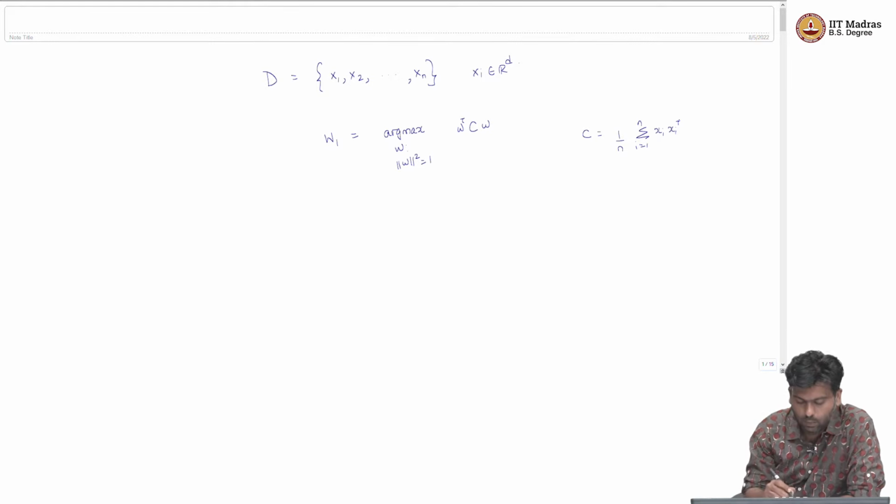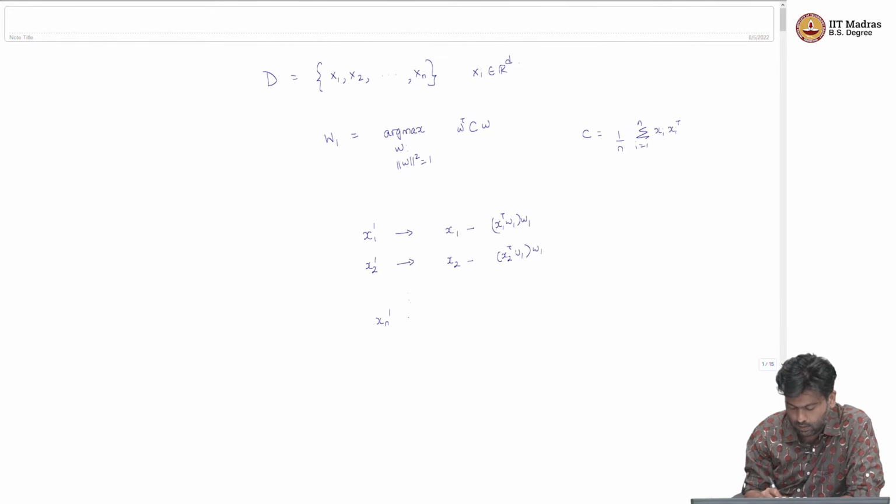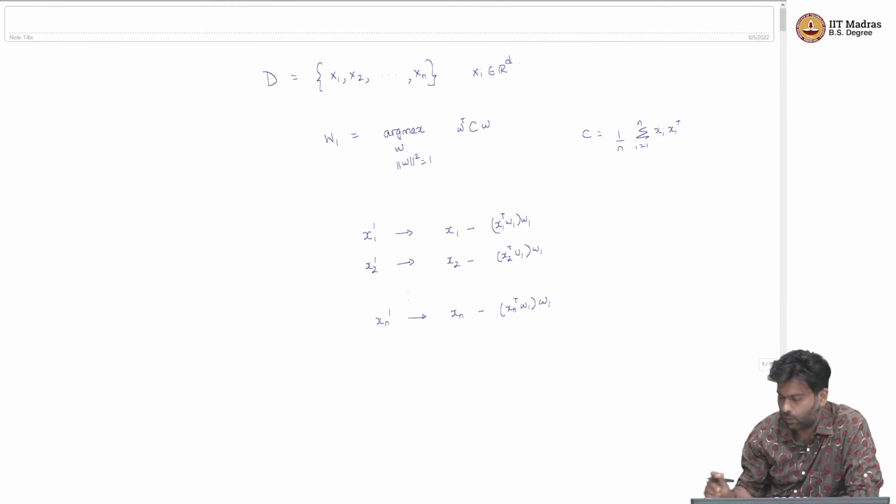So once you find this w1, the best line that minimizes the error or maximizes this quantity, what we then said was we would compute a new data set where the point x1 becomes x1 tilde, which is just x1 minus its projection onto w1 multiplied by w1. x2 tilde would be x2 minus the projection of x2 on the first line multiplied by w1, and so on, and xn prime, I'll just call it tilde but it should be prime, is xn minus xn transpose w1 into w1.